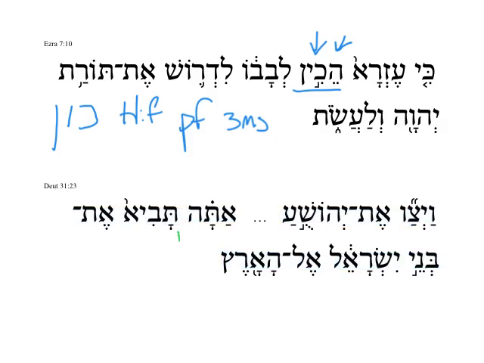The verb tavi comes from the root bet, vav, aleph, bo, to come. In this case, we have the hiphil stem and the imperfect form, 2MS.